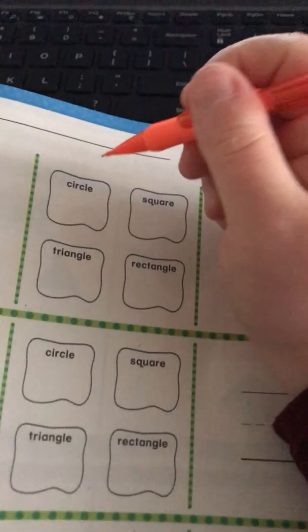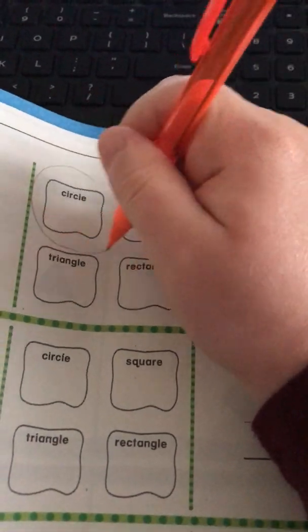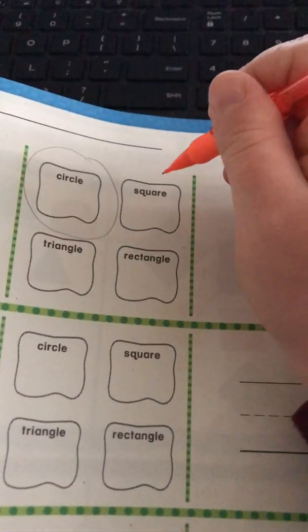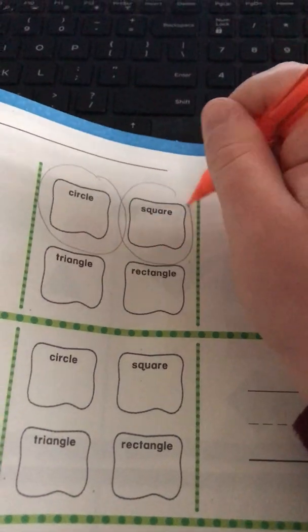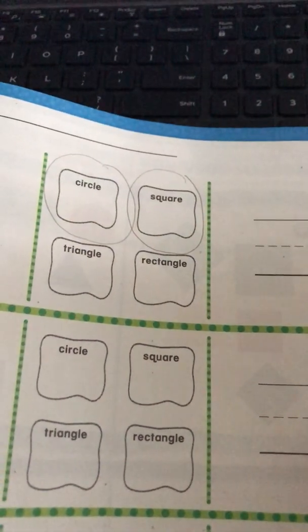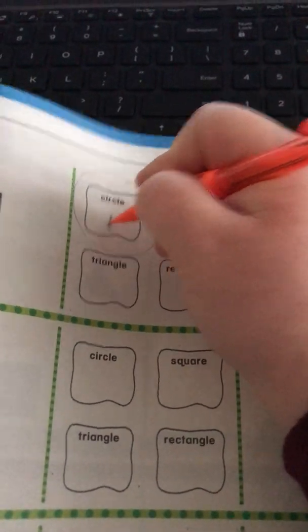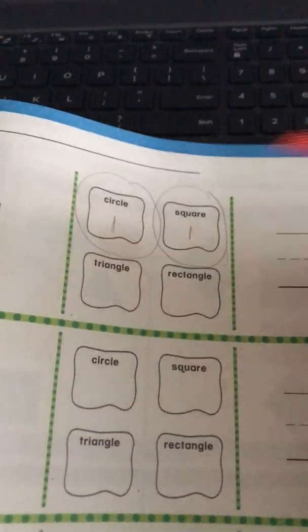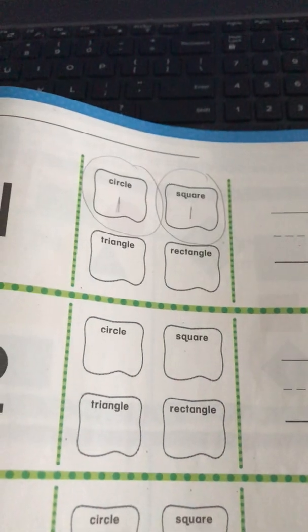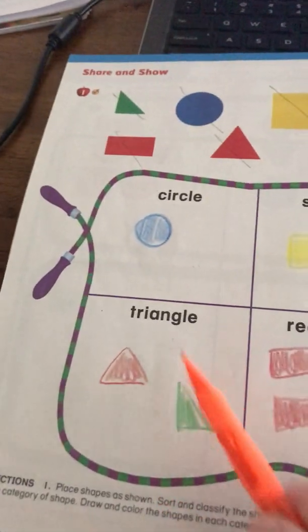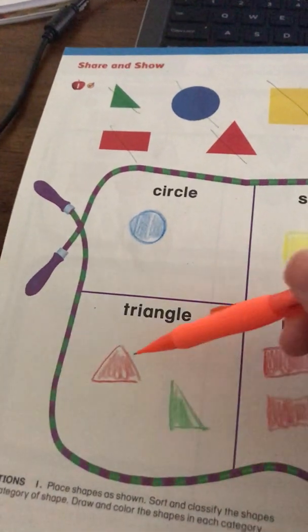I'm going to come over to the top. I'm going to circle with my pencil the circle category and the square category, because the circle category had 1 shape, the square category had 1 shape. If I want to be sure, how many shapes are in the triangle? 1, 2.